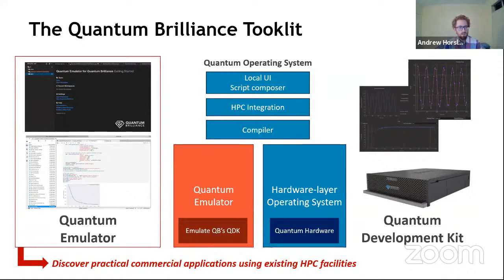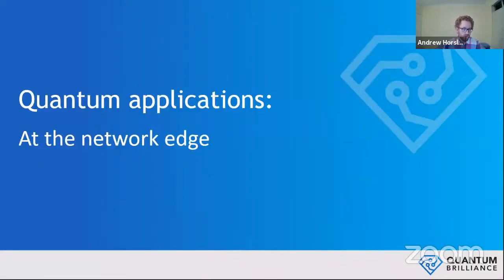This tool set of quantum emulator and quantum operating system is far more powerful than the equivalents that you would be able to explore with any other quantum computing platform, and we're able to explore the real use cases, the projects that we're working on at the moment, and push them to not just toy models, but beyond into actual applications. We haven't got there yet, but these are the kinds of things we're looking at.